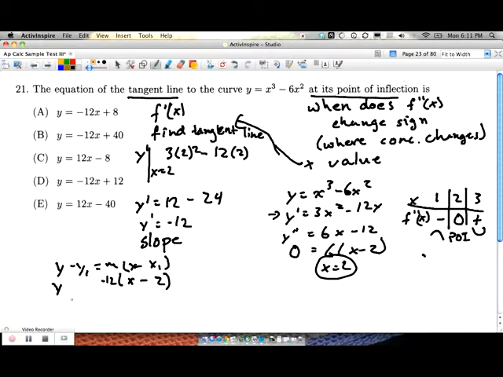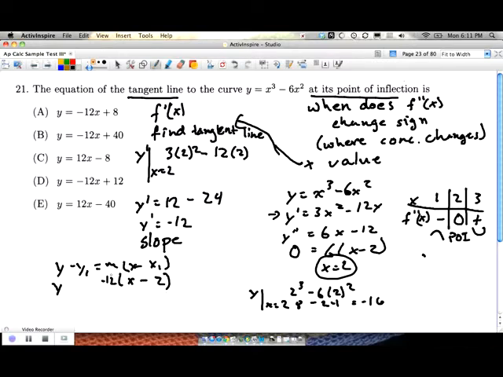Well, we've got to plug it back into the original equation. So y, when x equals 2, is going to be 2 cubed minus 6 times 2 squared. 6 times 2 squared is 24, and 2 cubed is 8. 8 minus 24 is going to equal negative 16.